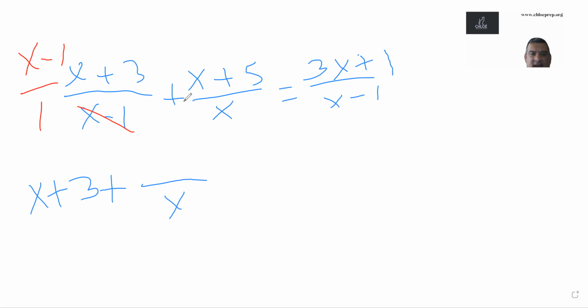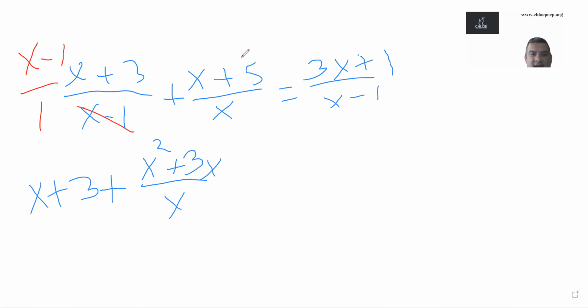X times x is x squared. Because remember, when we multiply exponents, and there's really an exponent of 1 on each one of them, we're actually adding them in a simplified form. X times 3. Remember, when we multiply a constant with the variable, we just smush them together, and we prefer our constant in front of the variable, so we get 3x.